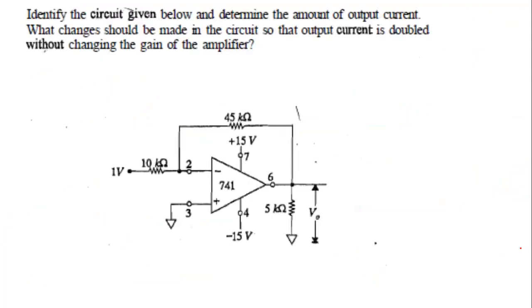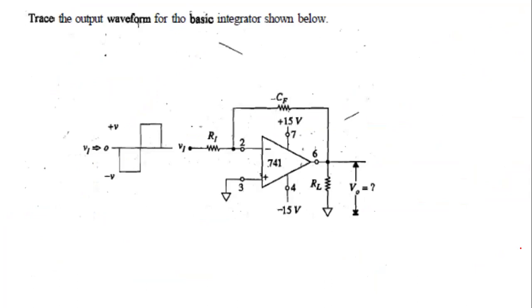Okay. So having said that, let us look into what we have here. Trace the output waveform for the basic integrator circuit shown below. Differentiation and integration are kind of reciprocal.